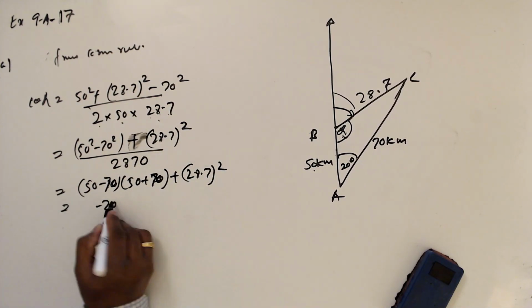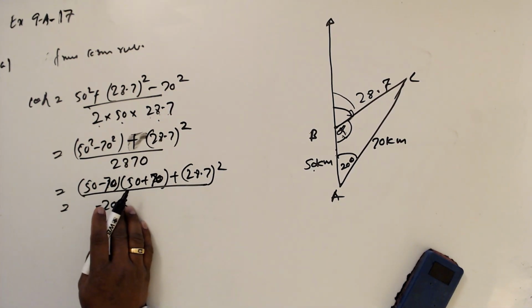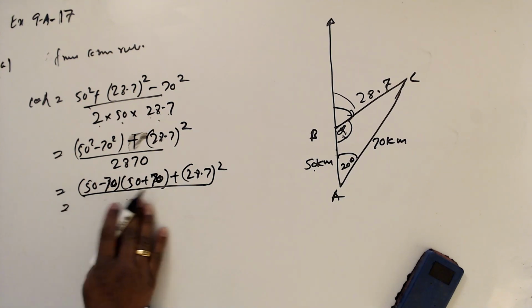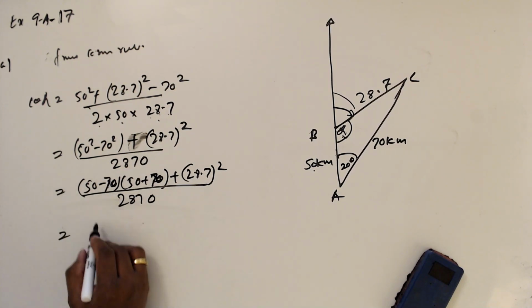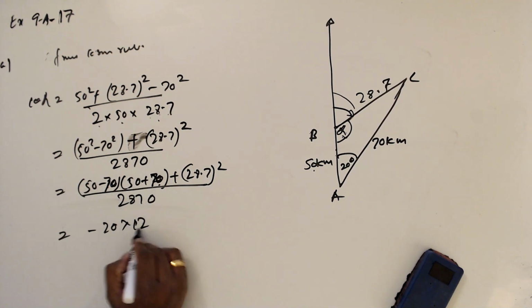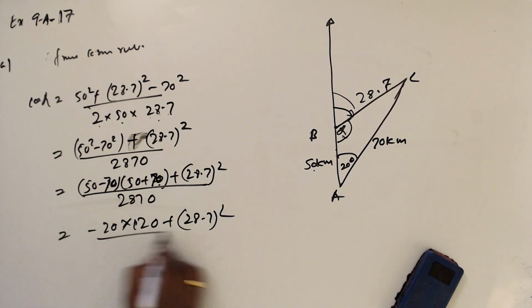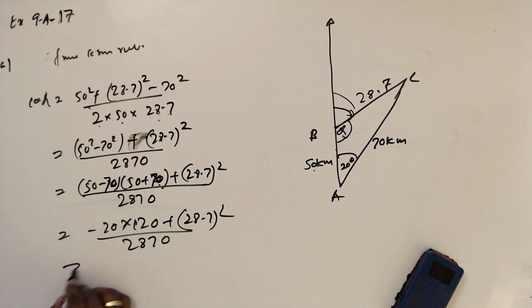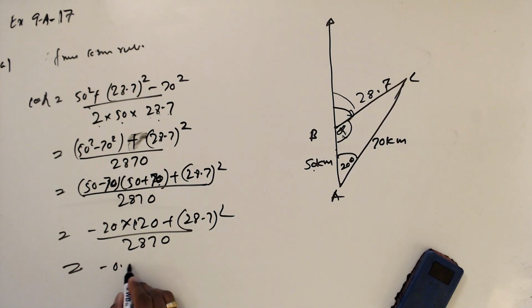So this is minus 20 times 120 plus 28.7 square over 2870 equal minus 0.550.